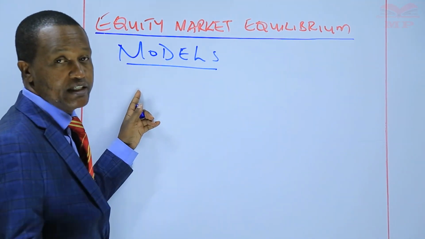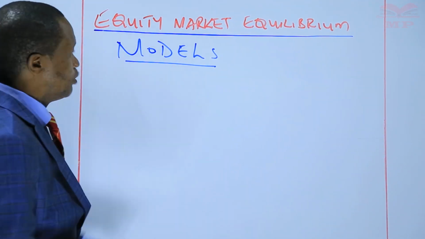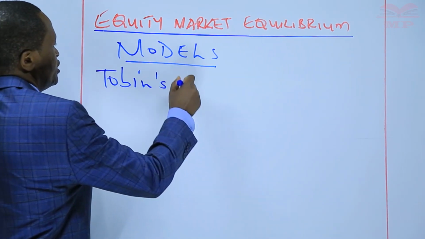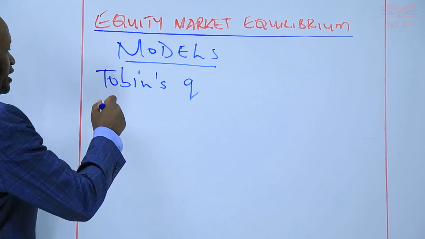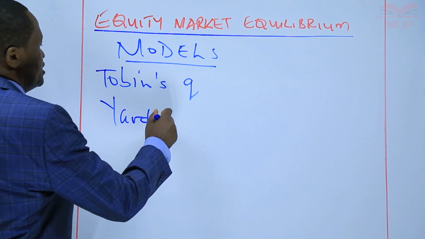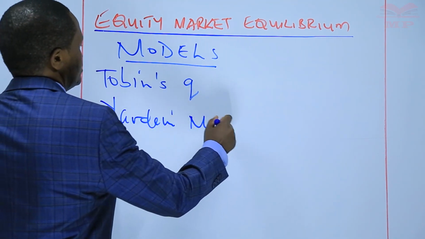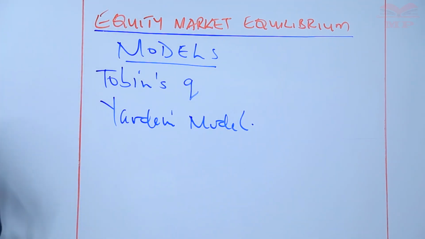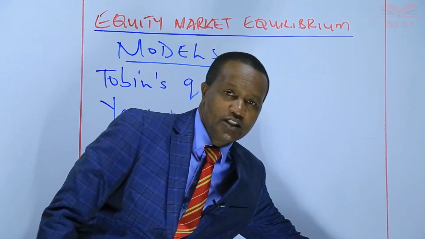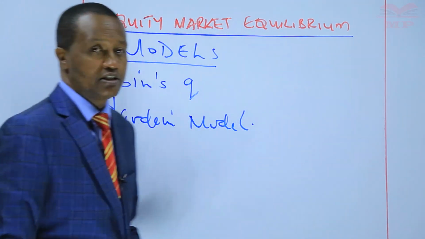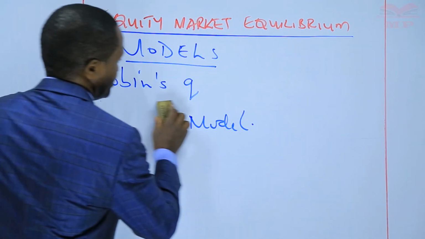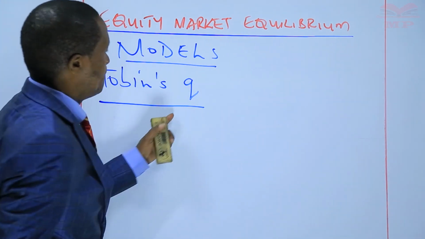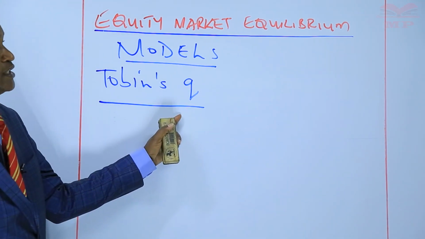Today we will discuss the other two models, that is Tobin's Q model and Yardeni model. That's what we intend to study in our today's lesson. So, candidates, welcome. We first begin with the Tobin's Q model of equity market equilibrium.